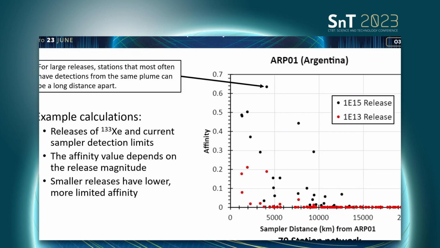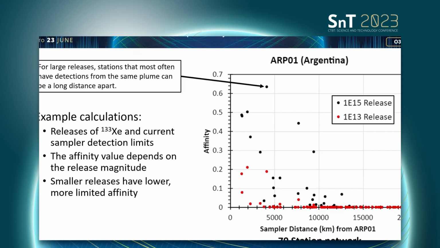In other words, 65% of the time, that station would also see what Argentina saw, which is fantastic. But if you have a smaller release, then the stations that are much closer are important. So for smaller releases, you see that the affinities peak out at about 0.2, not nearly as high.